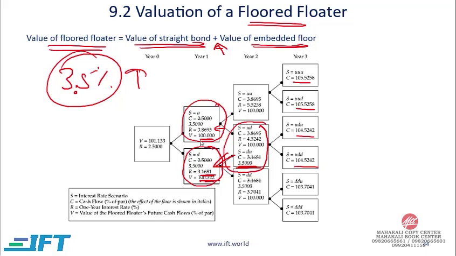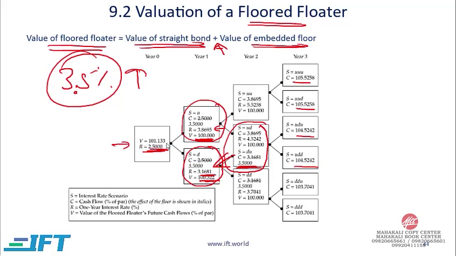Then we take 100 from here plus the coupon of 3.5, and notice here we take a coupon of 3.5 because the rate at the start of the period is 2.5%, so we write up. And in this node also we use 3.5, and then when we discount back both these numbers and take an average, we get 101.1.